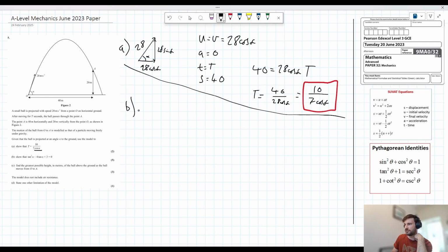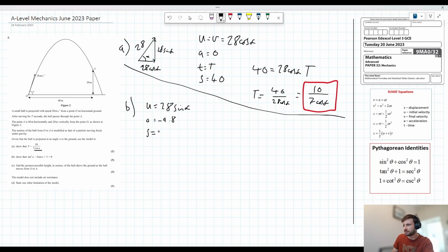So we could go through the exact same process here. We could say u in this context is equal to 28 sine alpha. So u is equal to 28 sine alpha. Our acceleration, since it's being pulled down by gravity, we could say it's equal to minus 9.8 meters per second squared. What else can we say? We don't know the final velocity here.